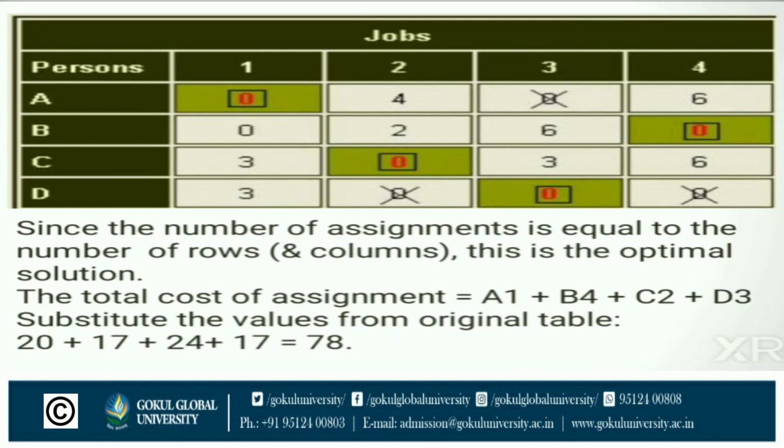So in the original cost matrix the values are 20 for A1, 17 for B4, 24 for C2 and 17 for D3. So all the values give the minimum cost from each row and each column. Adding all the values we get 78. So the minimum cost of this assignment problem is 78.